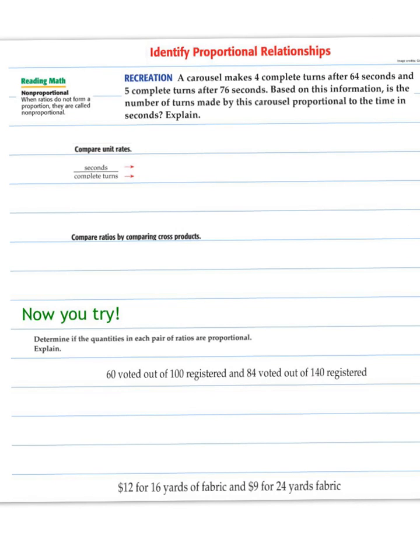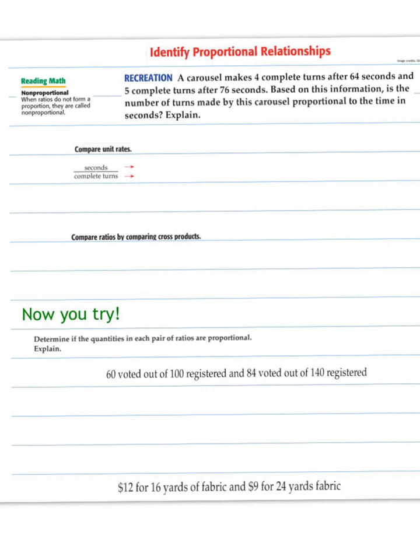Alright, first we're going to look at identifying proportional relationships. We have a word problem here. A carousel makes 4 complete turns every 64 seconds and 5 complete turns after 76 seconds. Based on this information, is the number of turns made by this carousel proportional to the time in seconds? Explain.